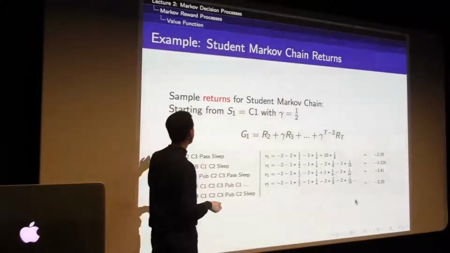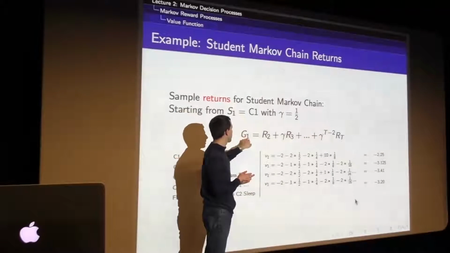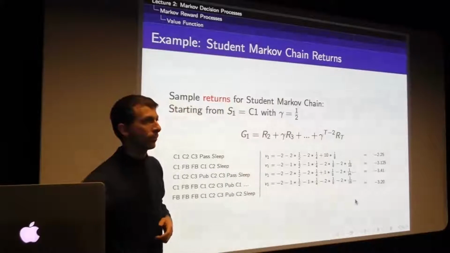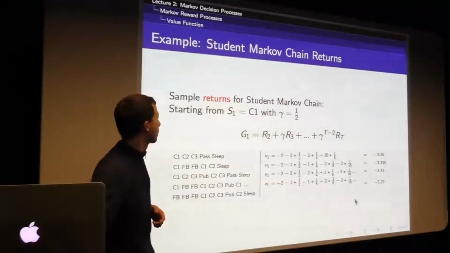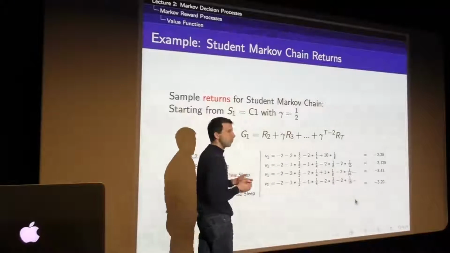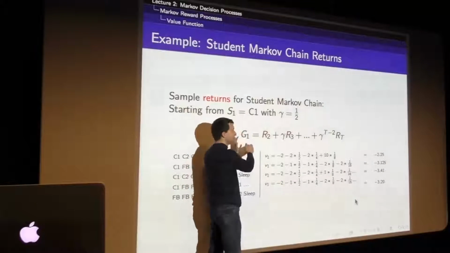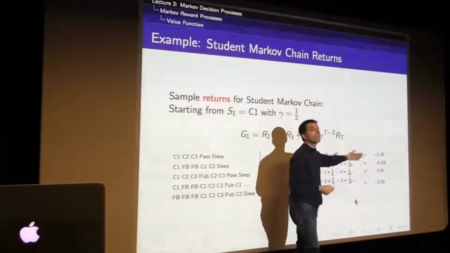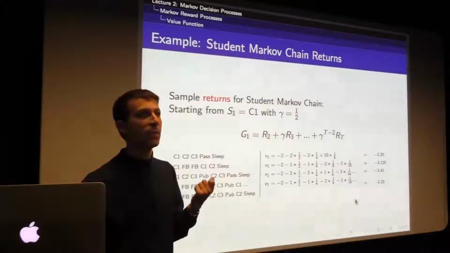We are also starting from S1 equals C1 in this case, but the subscripts are time steps. And they're observed. There are no expectations here because we've observed these sequences. These are observed samples of our random process, and if we want to ask about the value function, we're asking what's the expected return, what's the average of these numbers, and that's how good it is to be in the first state of this student Markov chain.